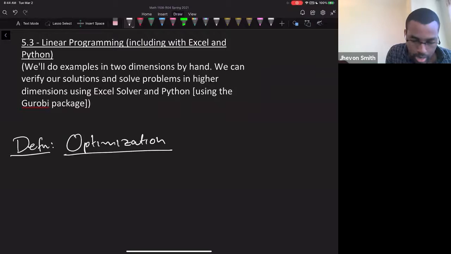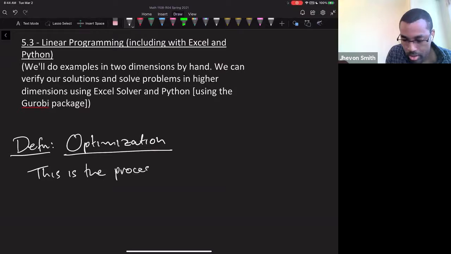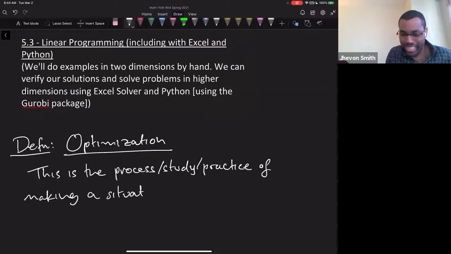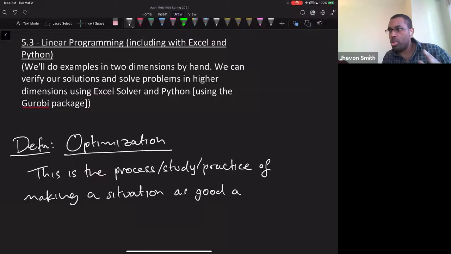Okay, so this is the process, study, practice of making a situation as good as it can be. The definition is going to sound very vague when I say it, but I'll explain a little bit more. Making a situation as good as it can be. Right? That's what it means to optimize something. You want to make it optimal. You want to make it as good as it can possibly be.